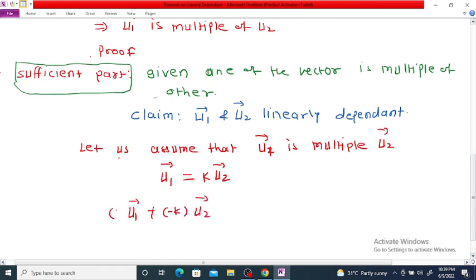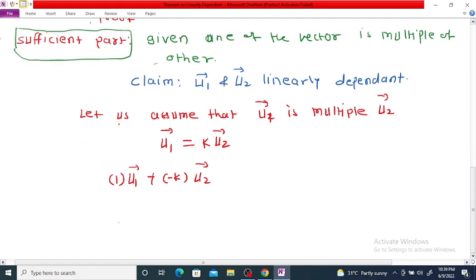Okay, so what is the coefficient of u1 bar here? Now if you compare this with alpha 1 u1 bar plus alpha 2 u2 bar, we get alpha 1 is equal to 1, which is not equal to 0.